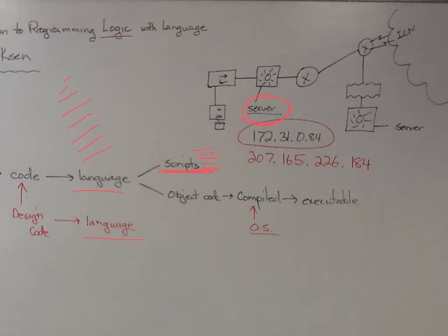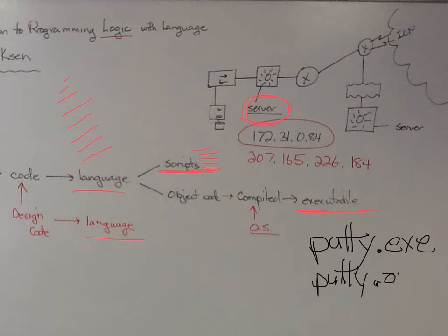We also ran a small executable called PuTTY. You can download PuTTY from putty.org. It is a fully executable piece of open source software, so it doesn't cost anything, and you don't have to install it on your computer.